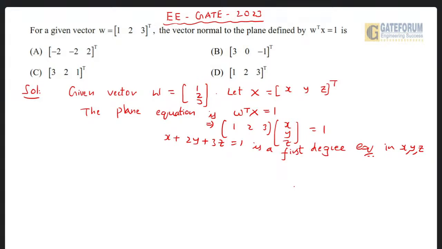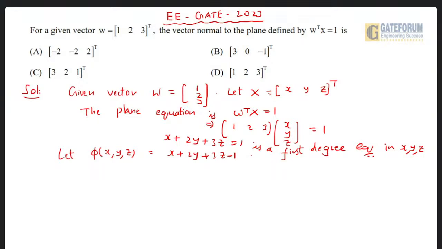Geometrically, the gradient of a function phi is a vector normal to the surface phi of x, y, z. So let phi of x, y, z be equal to x plus 2y plus 3z minus 1.